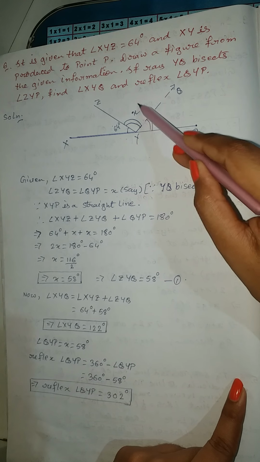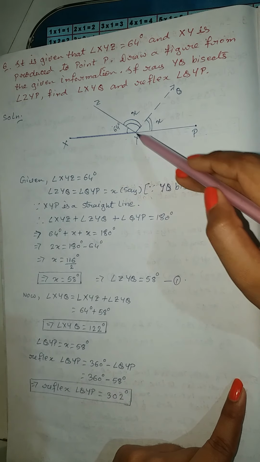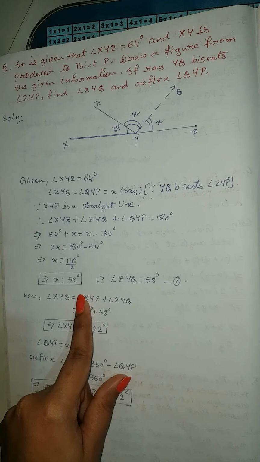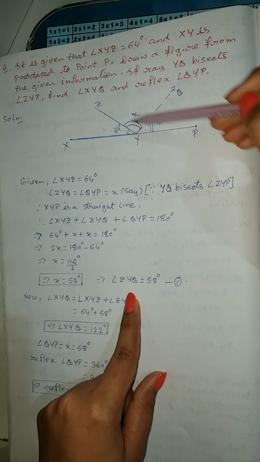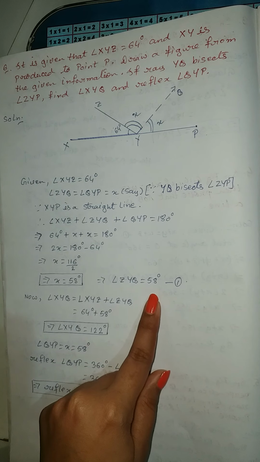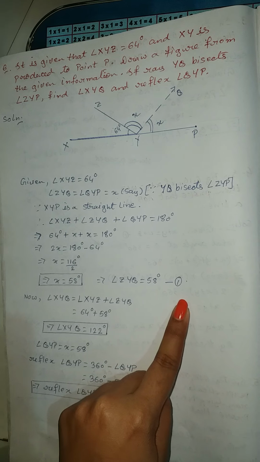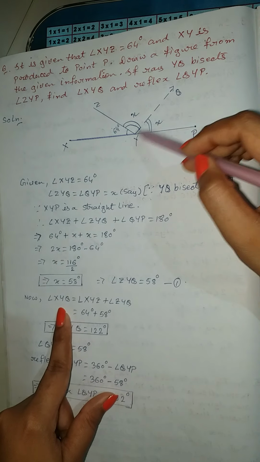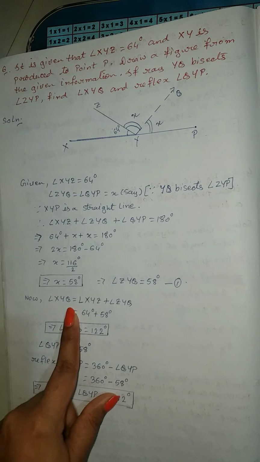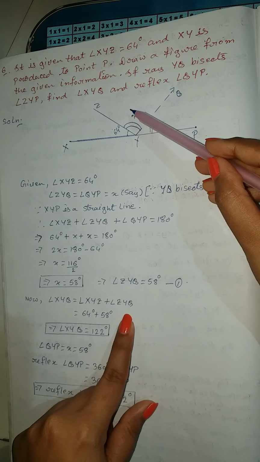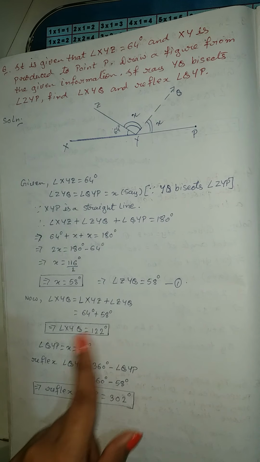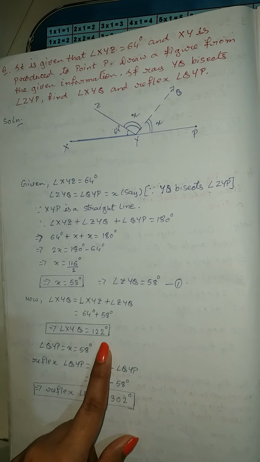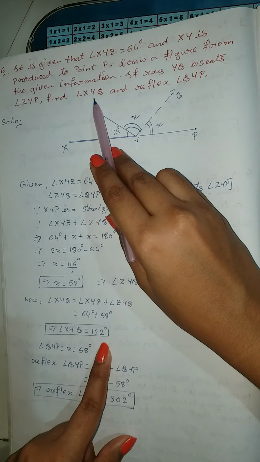So after finding the value of X equals 58 degrees, we have written ZYQ is equals to 58 degrees. Mark it as equation 1. Now, they have asked for XYQ. XYQ is equals to the sum of these two angles, and with the values of the angles we will get XYQ is equals to 122 degrees. So we have found out this value.